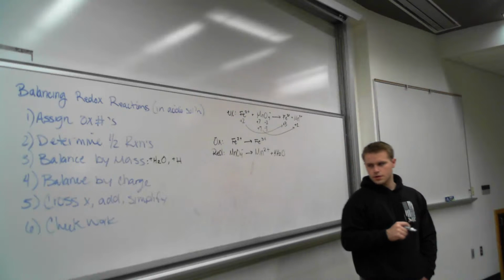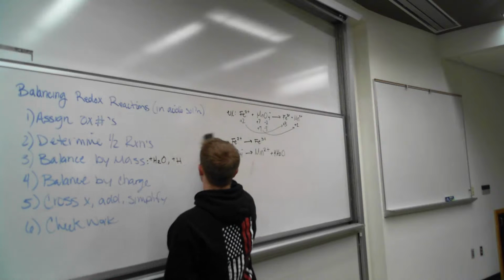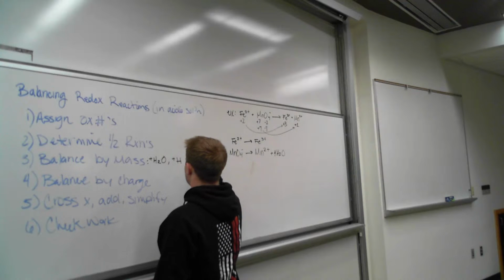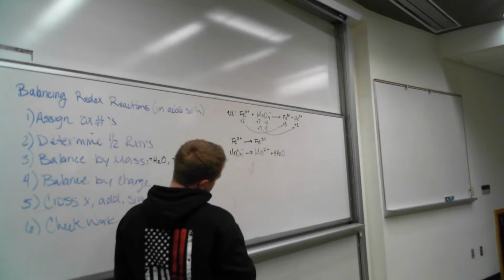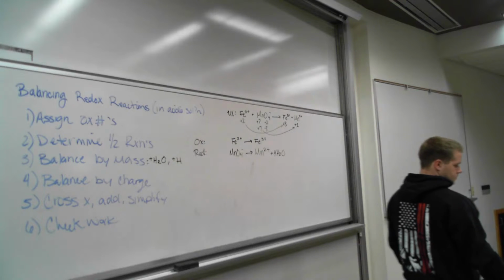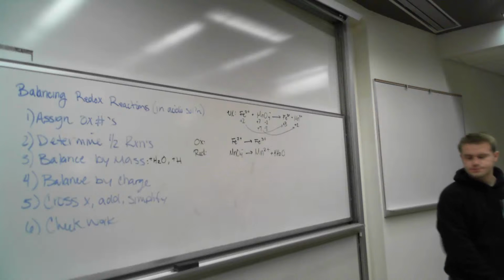Okay. Now, do we need to do anything else? Yes. What else do we need to do to make sure we're balanced by mass? You need hydrogen on the other side. Right.